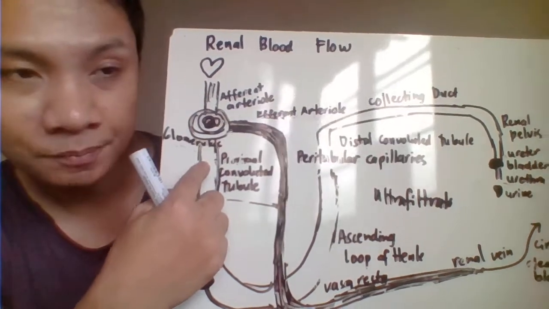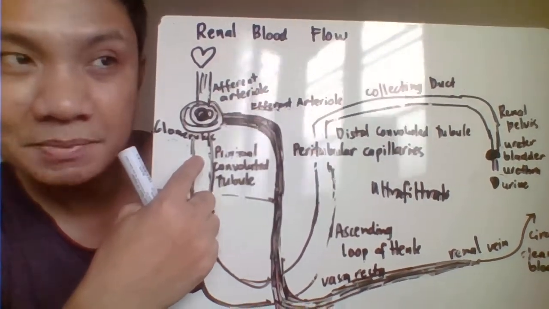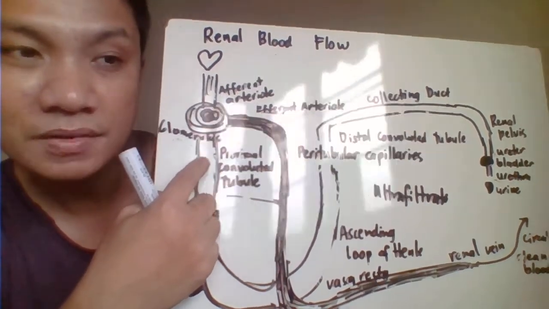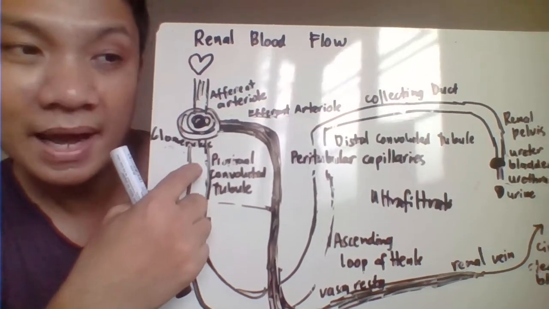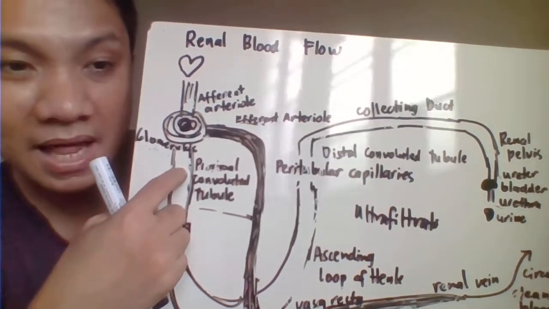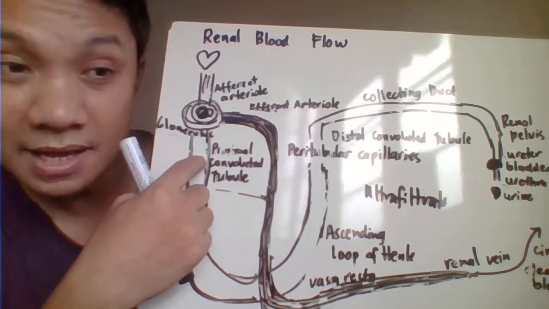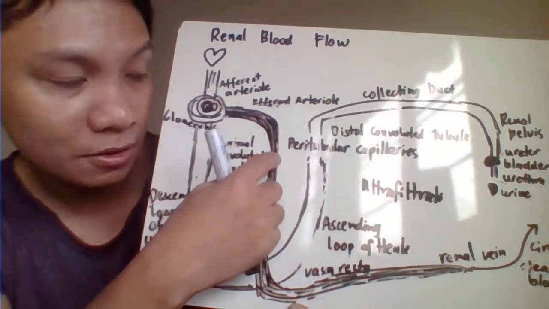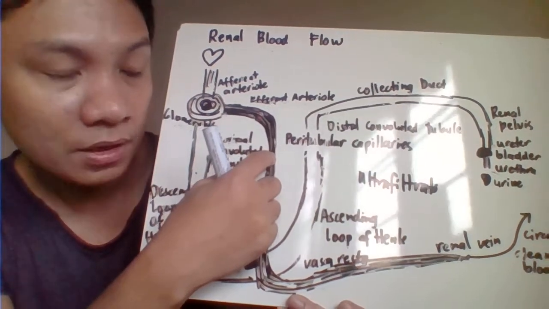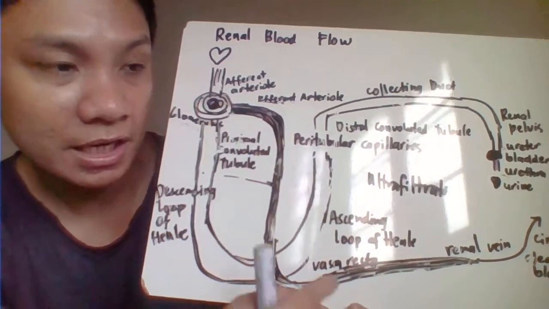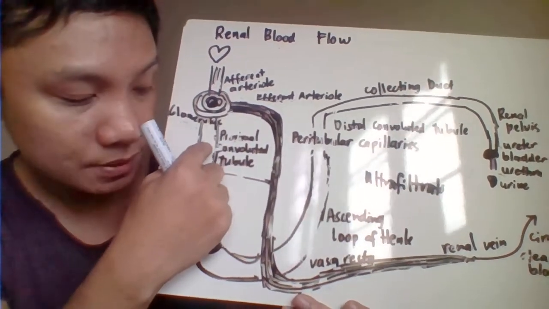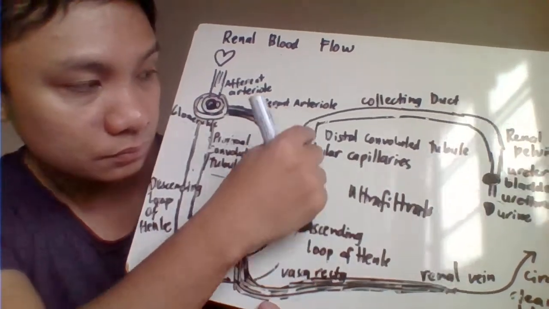Pagdating niya dito, ang i-reabsorb lang ng proximal convoluted tubules natin would be up to 180 mg per dL. Ang 180 mg per dL, reabsorb niya, transport niya dito, then babalik sa circulation. Ang sobra na glucose, lalabas siya dito.